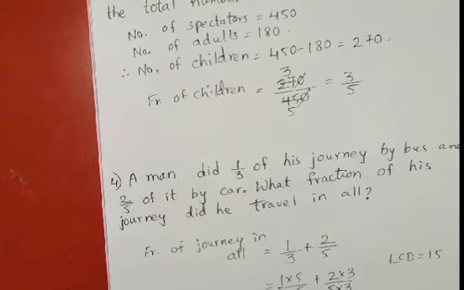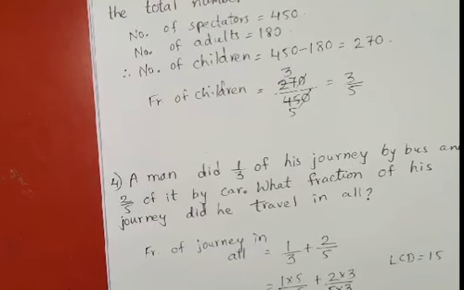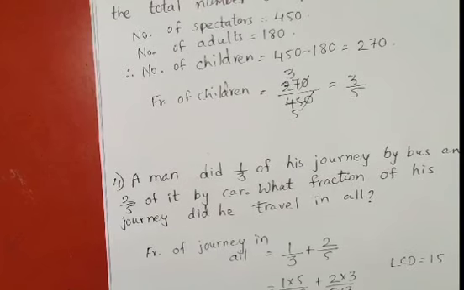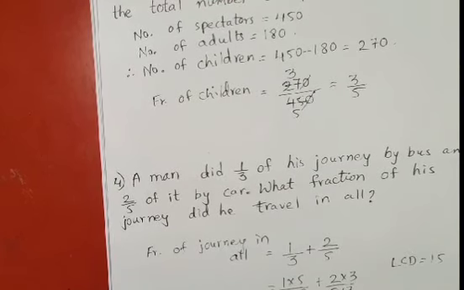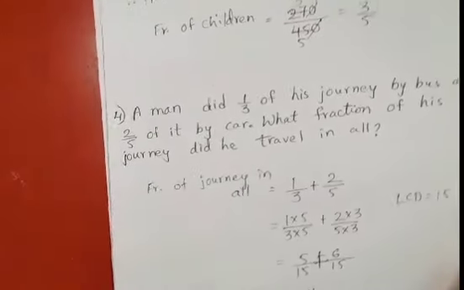So 5/15 plus 6/15, which is equal to 11/15. So 11/15 is the fraction of his total journey.